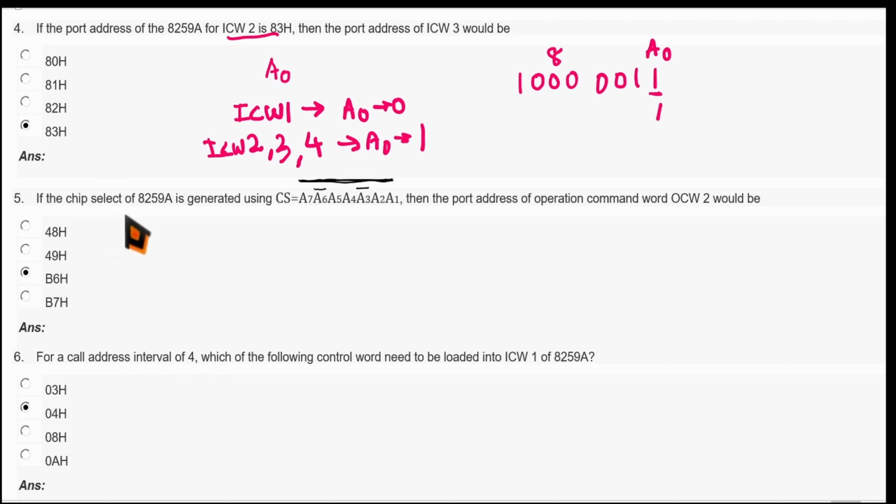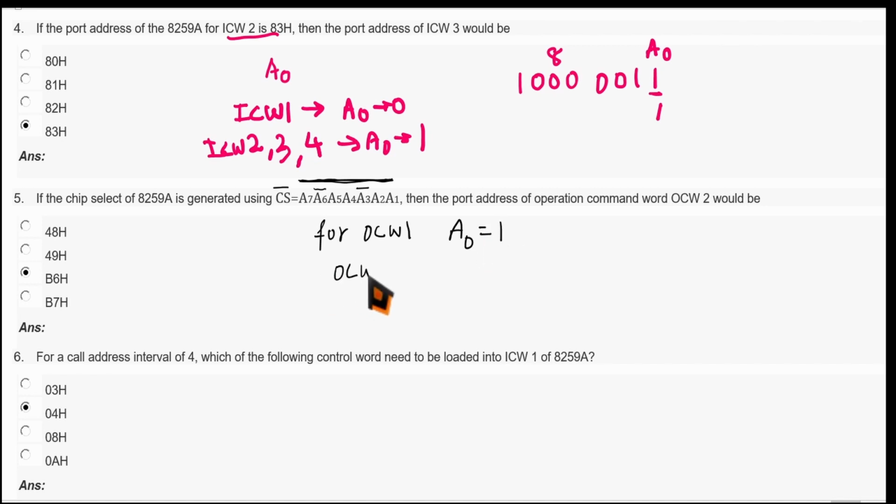If the chip select of 8259A is generated using this circuit, then the port address of the operation command word OCW2 would be, first you should remember that for OCW1, the address line A0 will be equal to 1.